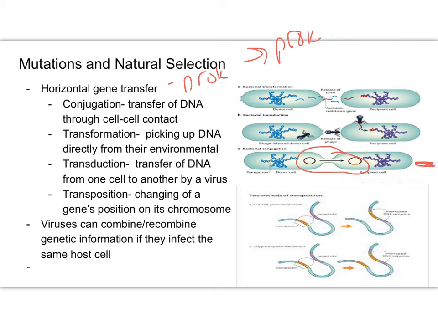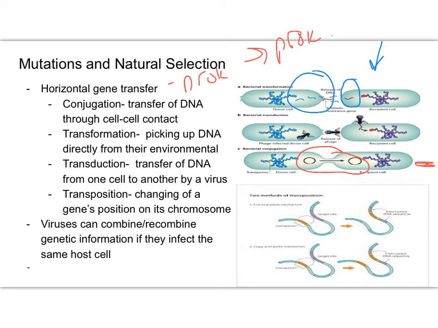Transformation, which is the top one here. Transformation is when they're going to pick up DNA from the environment. So DNA is in their environment. Maybe an organism has released some DNA. For instance, you can see this one on the right has released the antibiotic resistant gene, and the one on the left is going to be picking up that DNA. So that would again cause some variation.